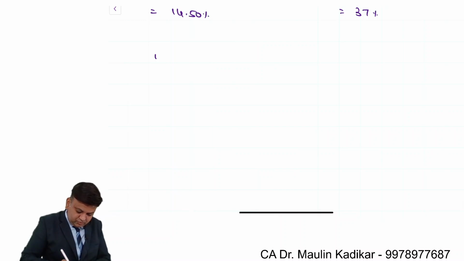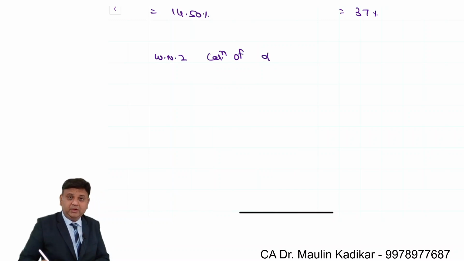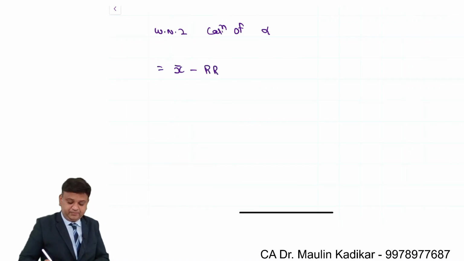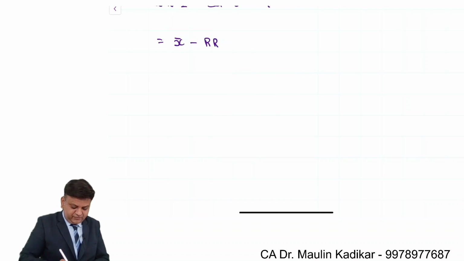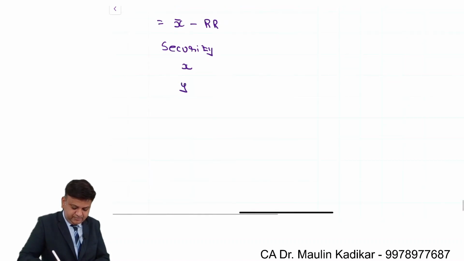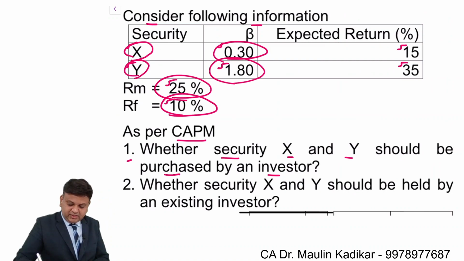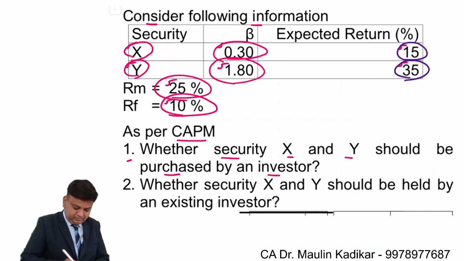Working note number 2, calculation of alpha. How to compute alpha? It is expected return minus required rate of return. This is the way the alpha can be calculated. Security X and security Y: return is 15 and 35.